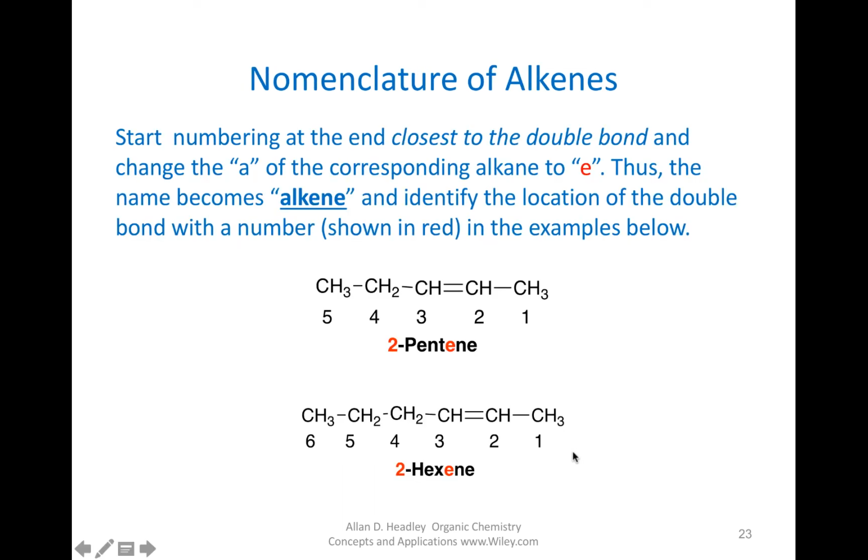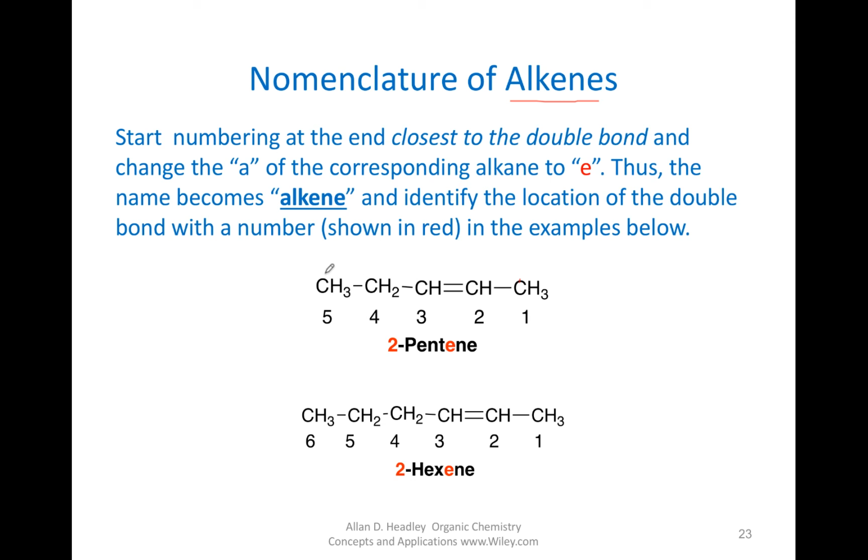Next, let's look into alkenes. Of course, as you know, alkenes contain the double bond. Carbon, carbon, double bond. So let's see what the IUPAC system is for naming alkenes. Let's use this as an example. This has 1, 2, 3, 4, 5 carbons.